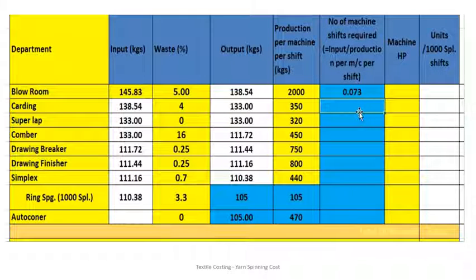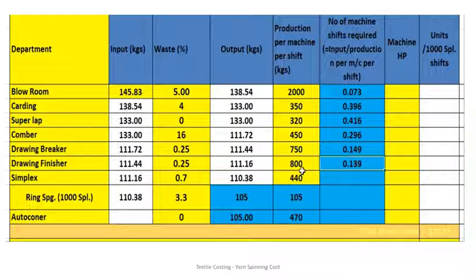Similarly here, 138.54 divided by 350, 0.386. Next, 133 divided by 320, 0.416. Next is 133 divided by 450. And next is 111.72 divided by 750. Next is 111.44 divided by 800. And next is 111.16 divided by 440.